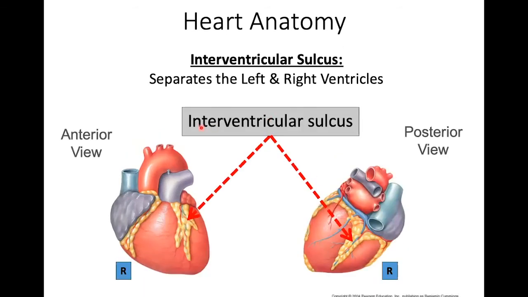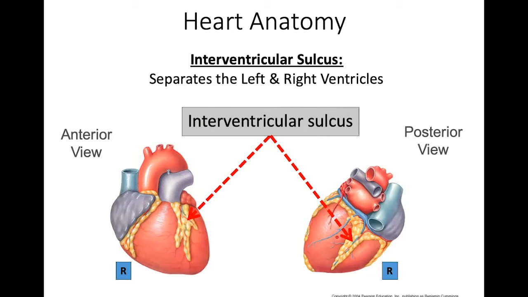Now the interventricular sulcus, let's break this down. Inter means between, and ventricular is referring to the ventricles. So it's the sulcus that is between the ventricles. The interventricular sulcus, you can see both from a posterior as well as an anterior view. This is the depression that is identifying externally the separation between the right ventricle and the left ventricle.